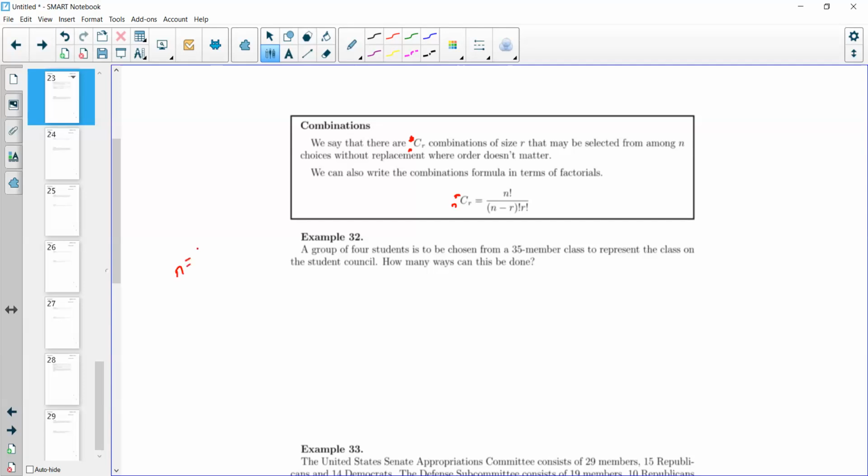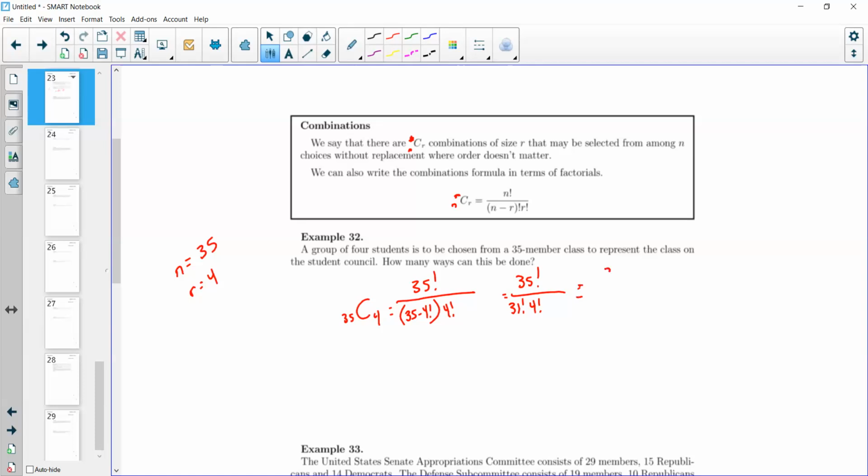So N is 35, R is 4, so 35C4. That's 35 factorial over 35 minus 4 factorial times 4 factorial. So we have 35 factorial over 31 factorial times 4 factorial. So far, so good?